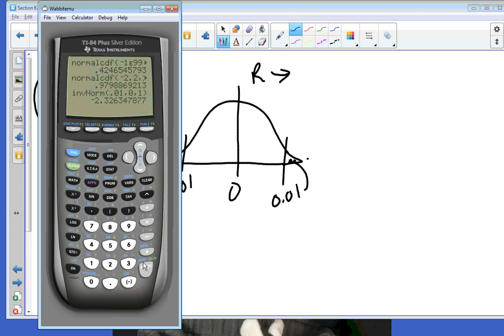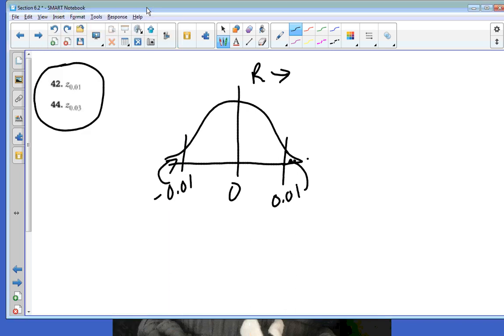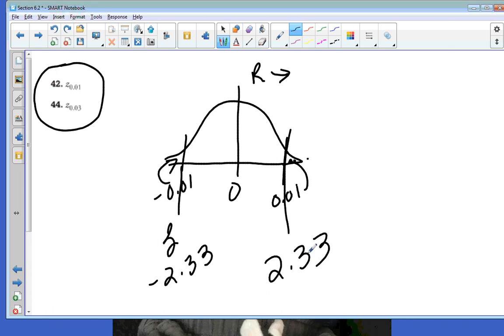And that's going to be a negative 2.33. So this z-score is negative 2.33. This z-score is going to be positive 2.33. That concludes section 6.2, which is the introduction to the normal curve.